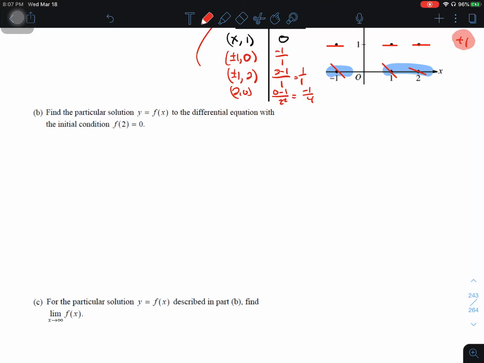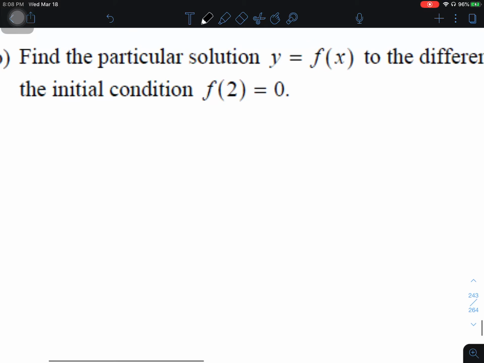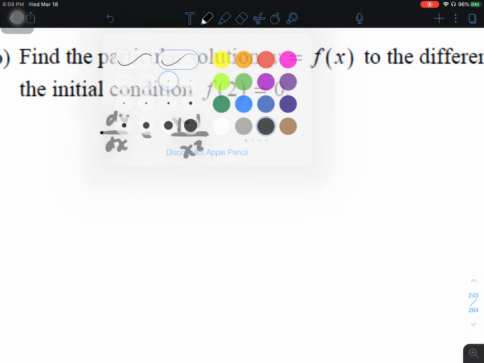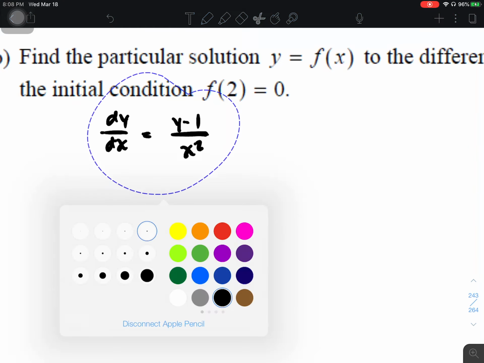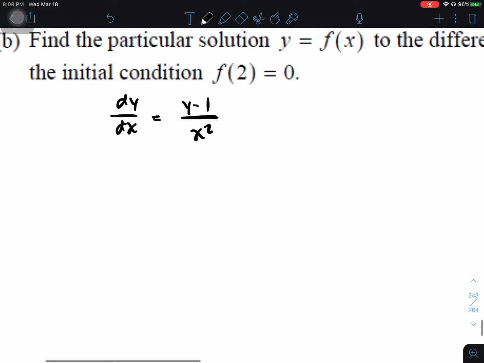Part B: find a particular solution to this differential equation with the initial condition f(2) = 0. So we have this differential equation, dy over dx equals y minus 1 over x squared. We need to separate our variables.